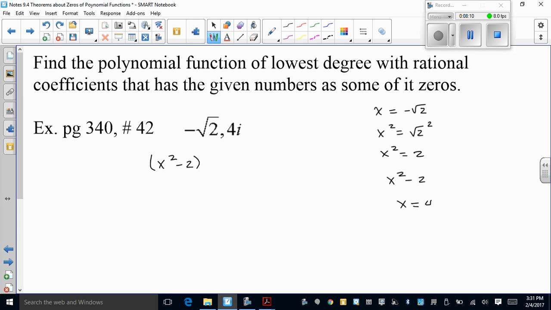The only way to get rid of it is square it. x squared equals 16i squared. So x squared equals negative 16, because remember i squared equals negative 1, and negative 1 times 16 is negative 16. So hopefully by now you've caught on that all you had to do is get rid of the i squared and change the sign. Add 16 to both sides and you get x squared plus 16. And there's our other factor.